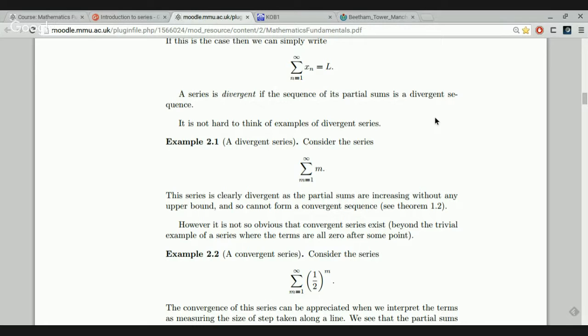The harmonic series grows faster than a certain series which keeps generating halves. And so therefore, it is going to be an increasing unbounded series as well. Okay? So this shows that the harmonic series, sum of 1 over n, is divergent also.